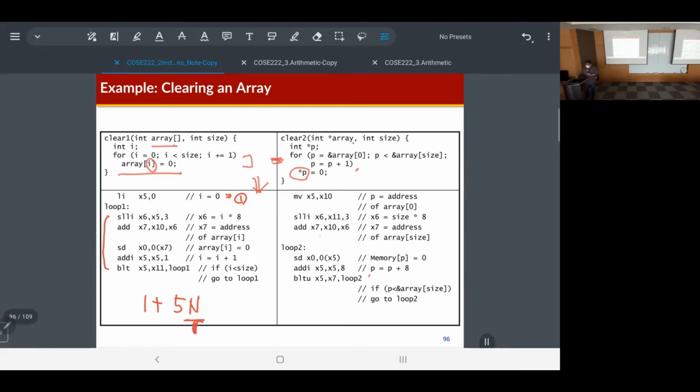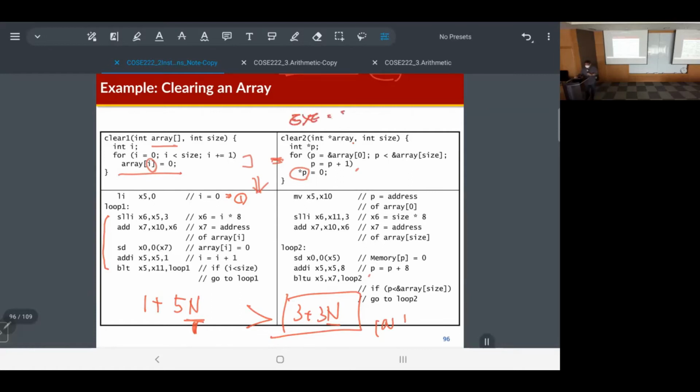If we compare the number of instructions of the right function, it is 3 plus 3n, where n is also the iteration number. If we compare the number of instructions for a large n, we can easily see that the right function has a smaller number of instructions.